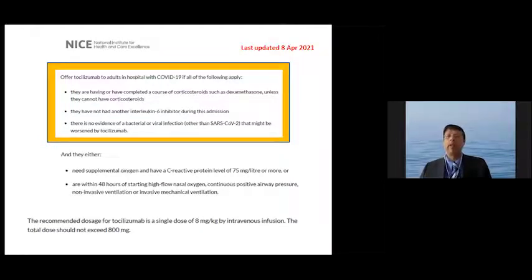These are important criteria to be followed as per NICE in the UK and the NIH in the US. The recommended dosage for tocilizumab is a single dose, 8 mg per kilogram by intravenous infusion. The total dose should not exceed 800 milligrams.